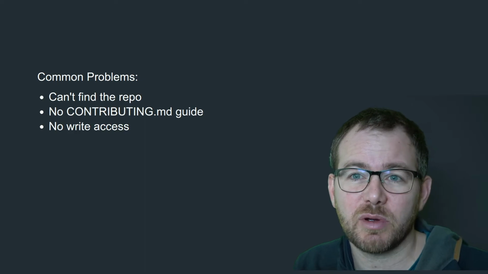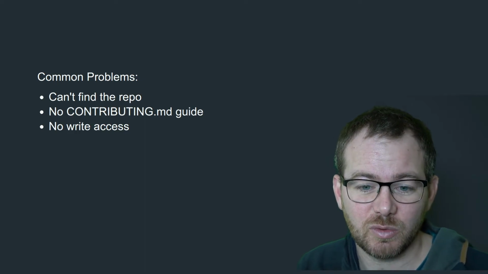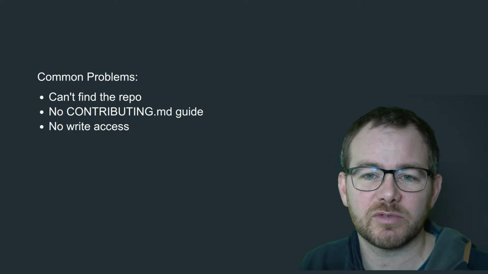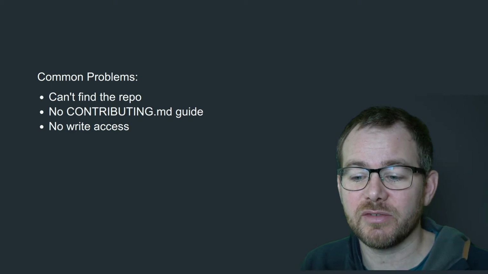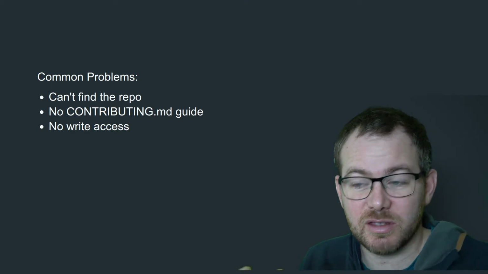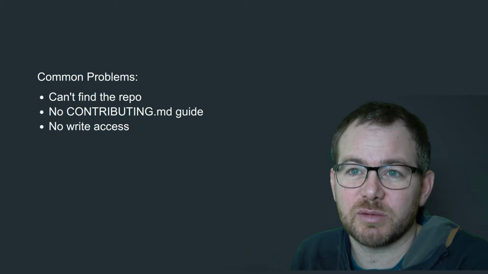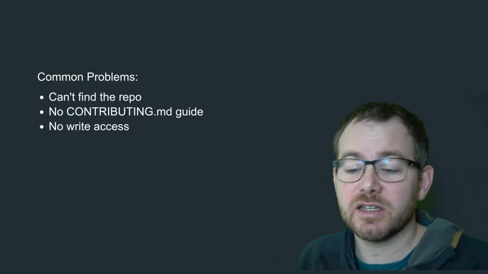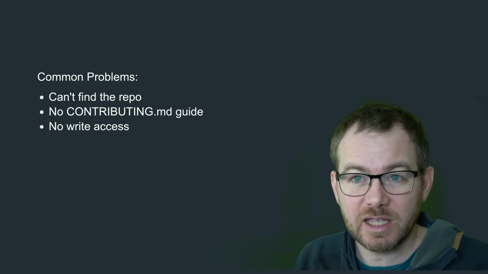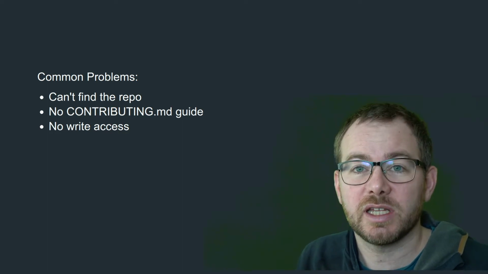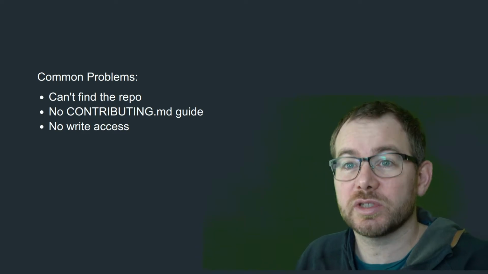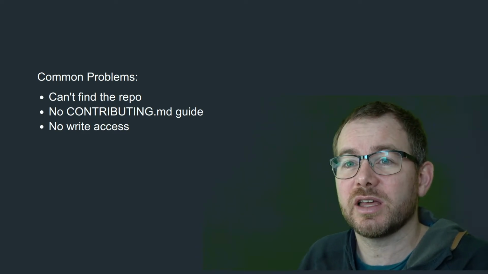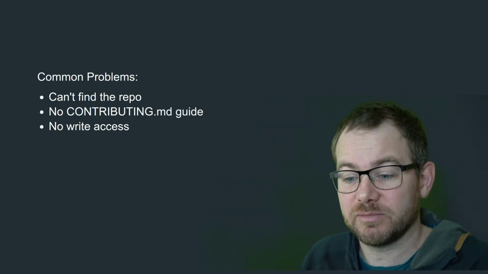So the first typical problem: can't find the repo, or don't know the repo that I'm trying to go to. Now, in real life, you're probably having a conversation with someone about this. They can probably point you in the right direction. There is another way of navigating the product structure, which is probably worth me showing because it also highlights how you might find out some names.